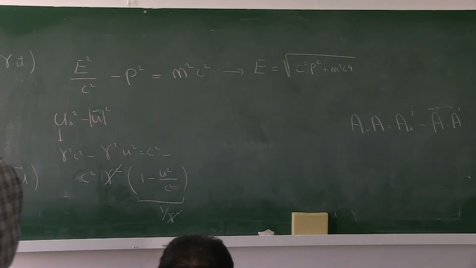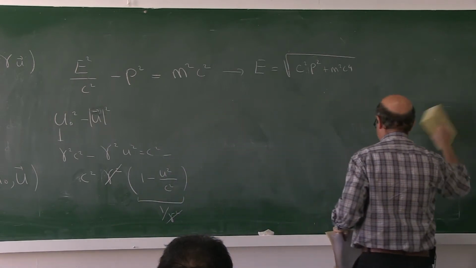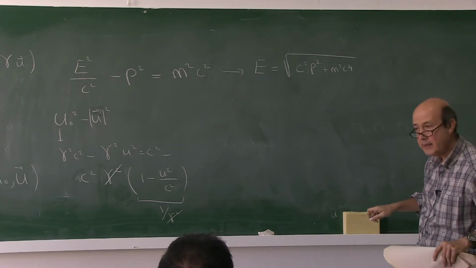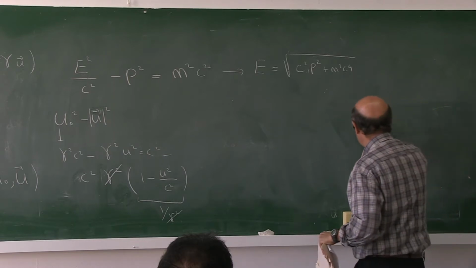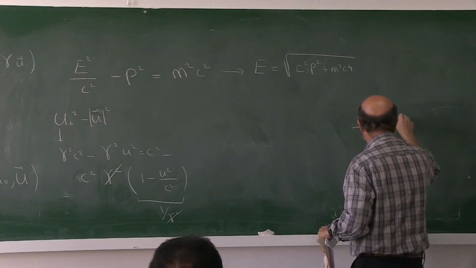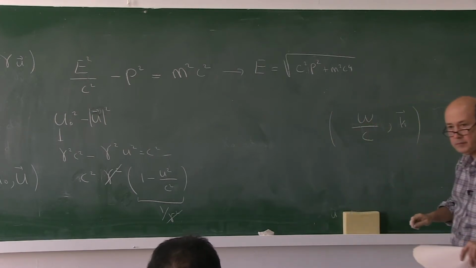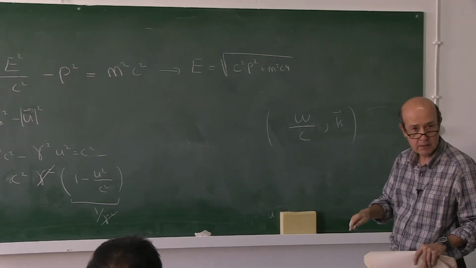If you remember, last time when we derived the relativistic Doppler shift, we took the 4-wave number, omega over C and K. What happens if I multiply by H bar?